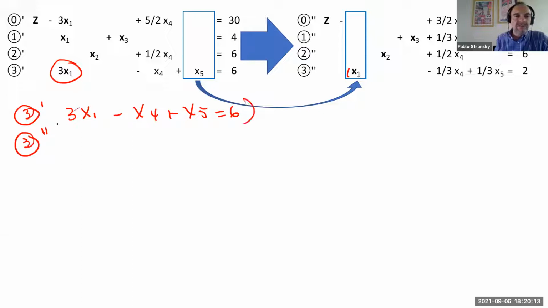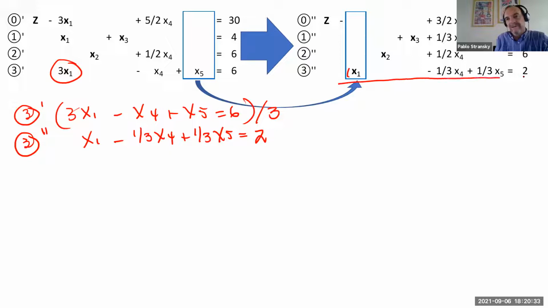This whole equation is going to be divided by 3. So 3x1 divided by 3 becomes x1 minus 1/3 of x4 plus 1/3 of x5 equals 2. And that's exactly what I got here. Now, let's go with the rest.